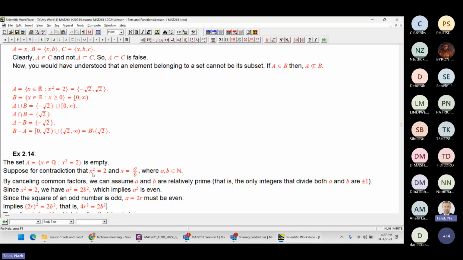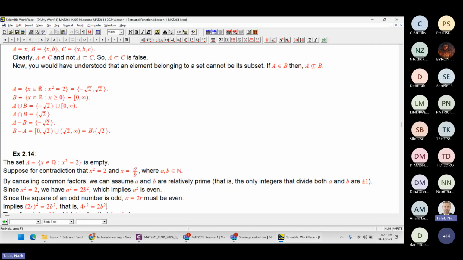Now, since x square is equal to 2, we can write this as a over b whole square equal to 2. It means a square equals 2b square. And this means every element of a square is 2 times b square.